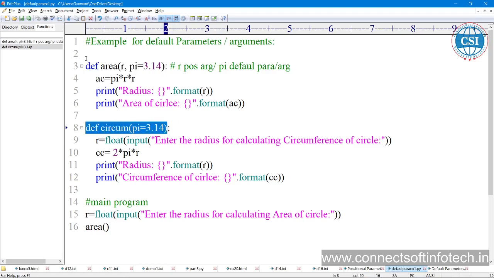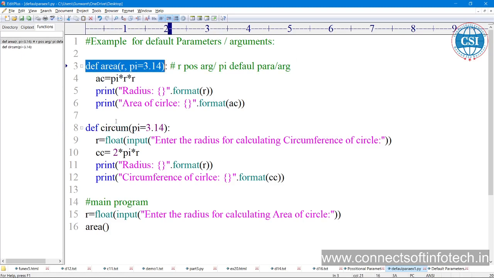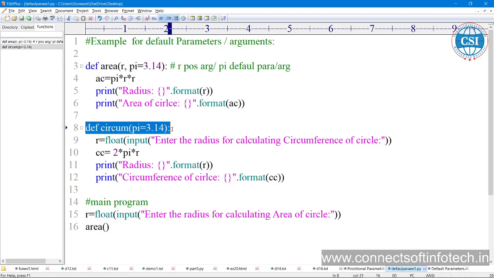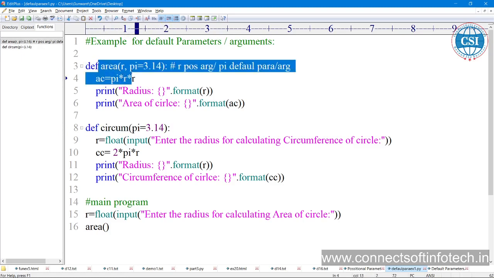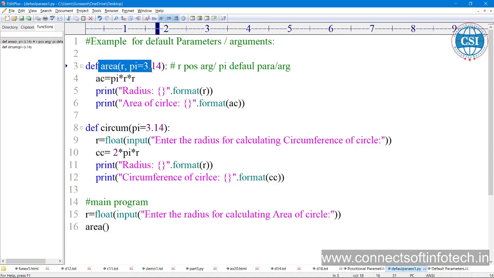Okay, two functions are here. And in these two functions, we use positional parameters plus default parameter. This R is a positional parameter and Pi is equal to default parameter. So this default parameter we also use here. In this function we have only the default parameter.